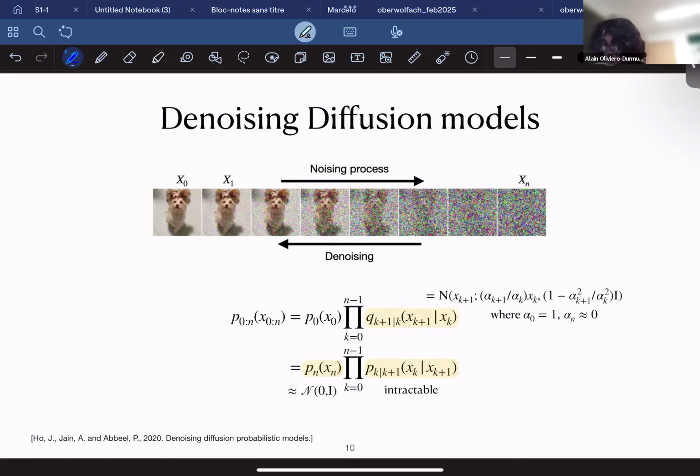In this paper, the rationale behind diffusion models can be explained as follows. You first consider a joint distribution P0n, which consists of the joint distribution of Markovian models from x0 to xn. So x0, you start your Markov chain with the data distribution P0.